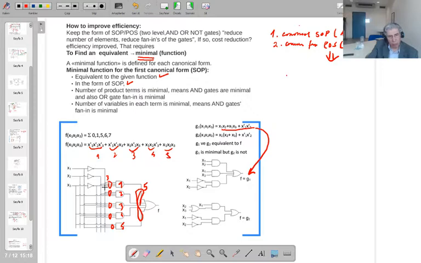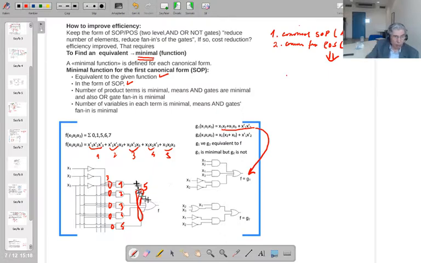So what it means is, if you draw the circuit corresponding to this minimal function, it is going to have a minimal number of AND gates in it. Also, it's going to have the minimal number of inputs to these AND gates. That means fan-ins are going to be minimal.